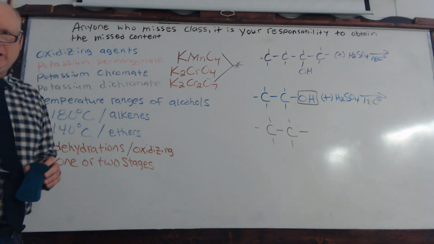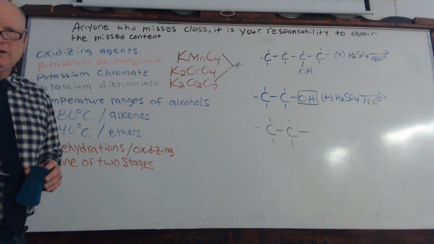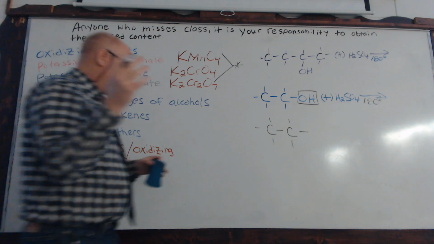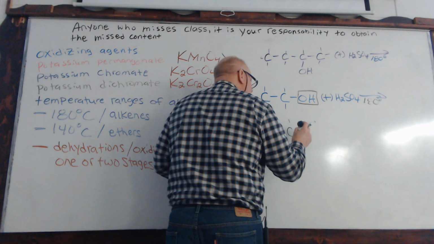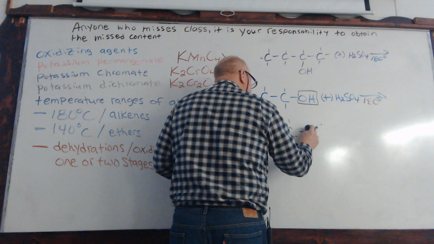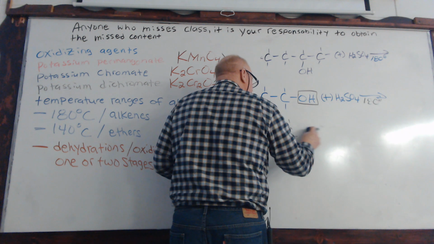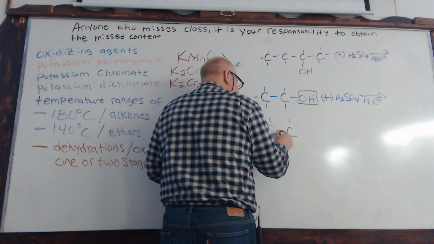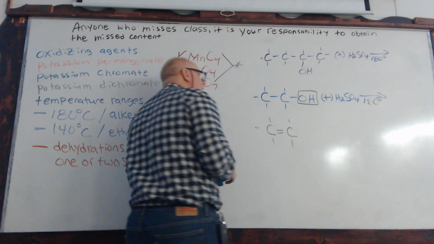That's what we're going to get, but that's not what we're missing. The second hydrogen. Yeah, a second hydrogen. So we're half right there. Then that's going to disappear. Now we're going to form an alkene, but we're just not quite right here.